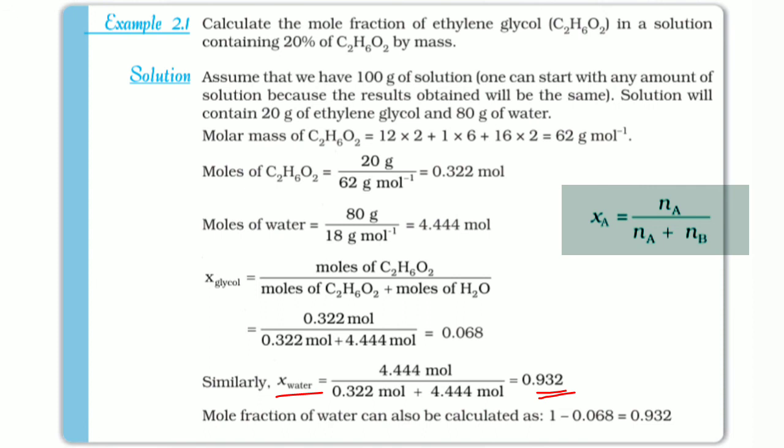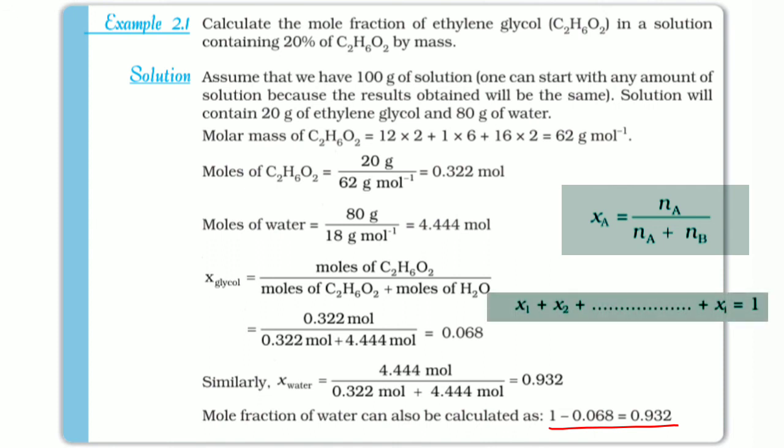We can even calculate the mole fraction of water by subtracting the mole fraction of ethylene glycol from 1, because we know that the total mole fraction is always 1. So we can do it this way also.